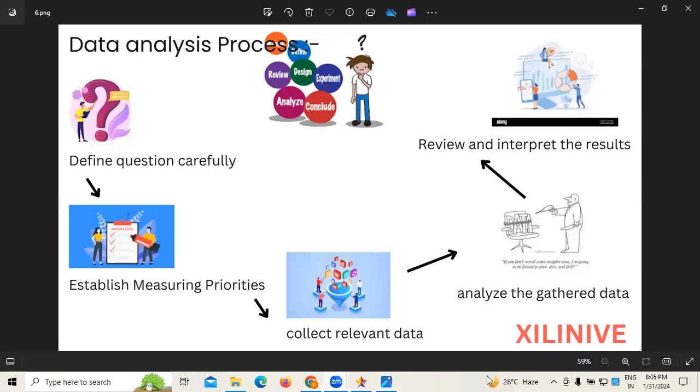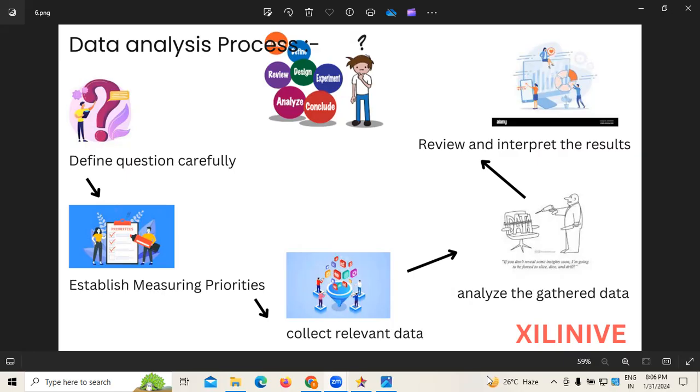Right. So, this is what generally yesterday I have discussed with you, which is all about the data analysis process. In reference to the data analysis process, yesterday I have given you a high-level understanding over this, where these are the different stages in data analysis. The first one is to define the questions carefully.